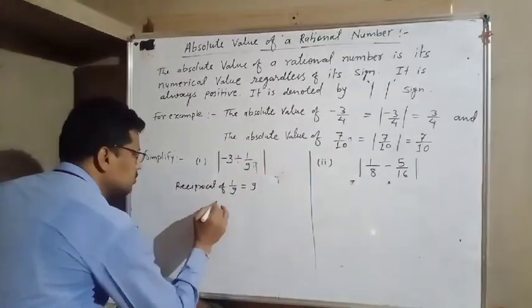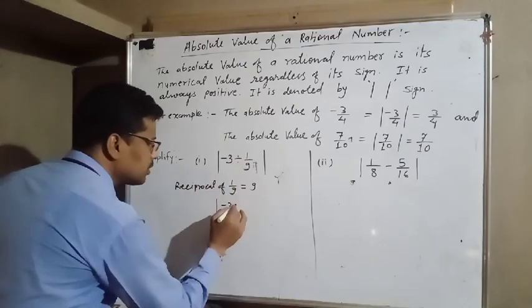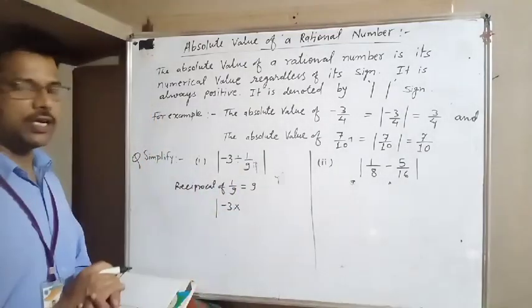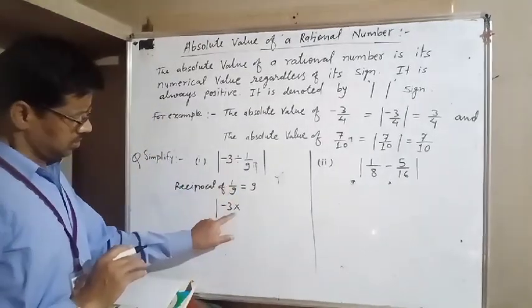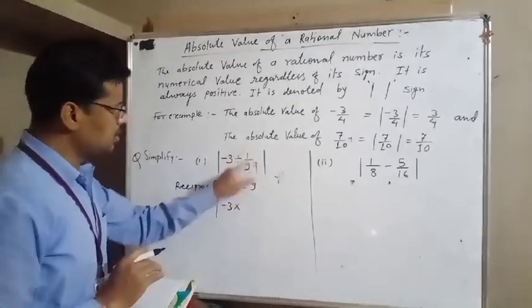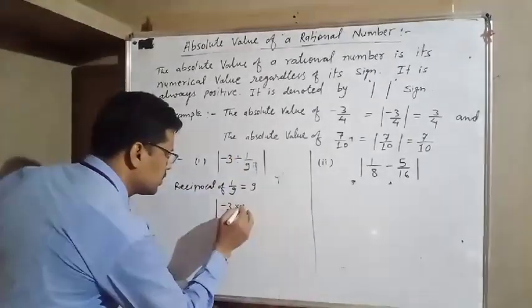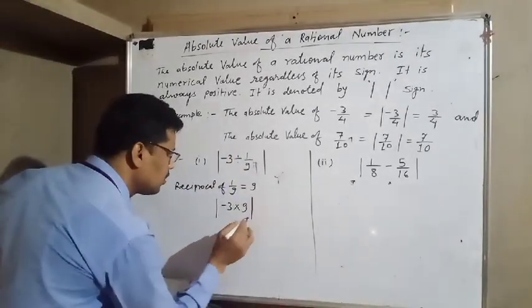Minus 3 will come as it is. Now the division sign is converted into multiplication, and in place of 1 upon 9 we write 9. Now you can solve.